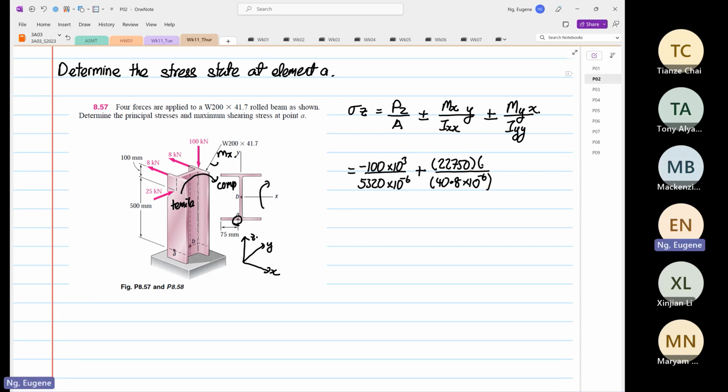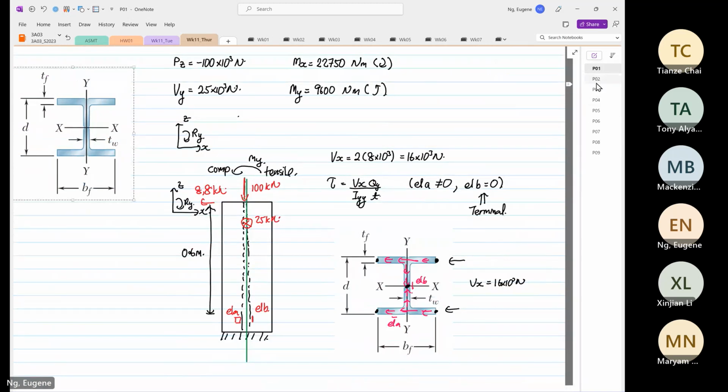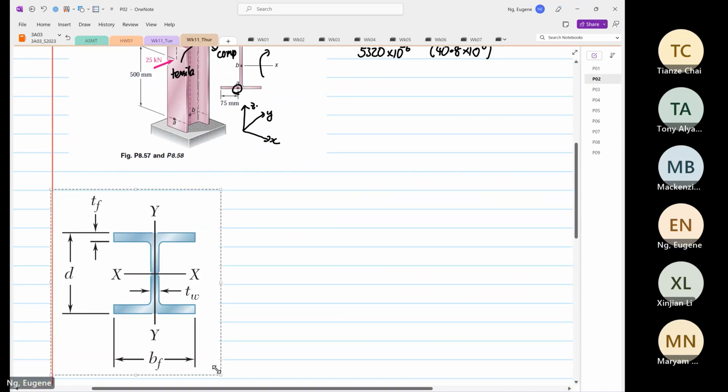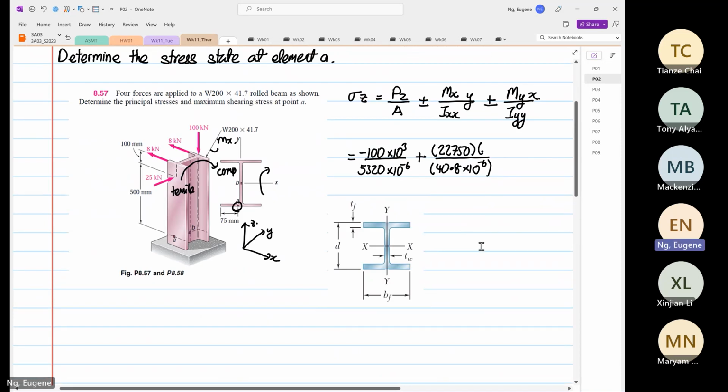Then the distance y, so the distance y is this distance over here. Let me get the cross-section view, then we can visualize better. So the y distance is this.